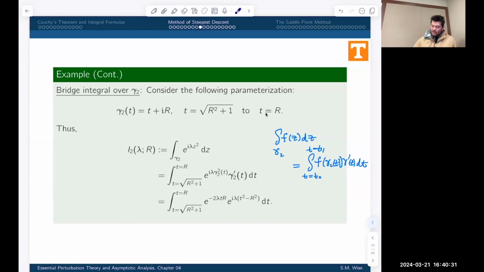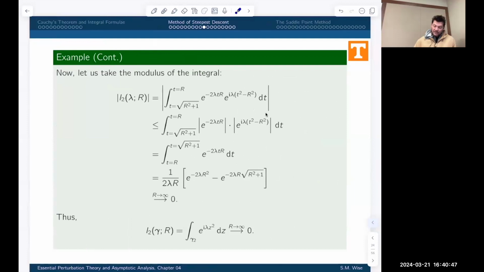So now there's no free lunch here. We just have to deal with this integral. This looks complicated, but all we have to do is approximate it and show that it goes to 0. So let's take the modulus of that integral. And let's move the modulus inside, using that property that we learned for a complex integral.